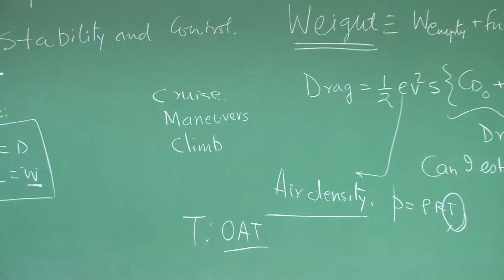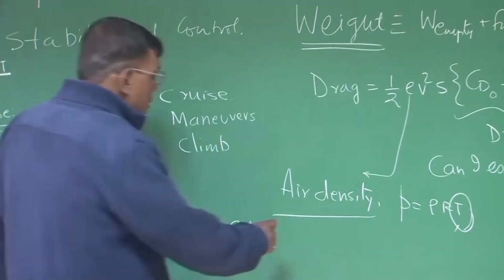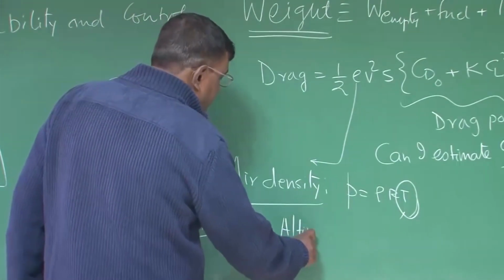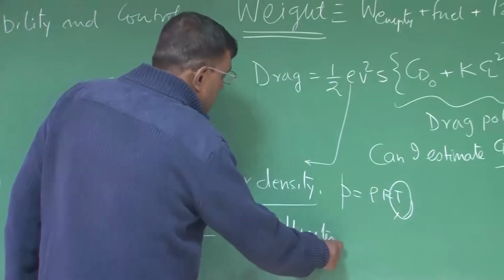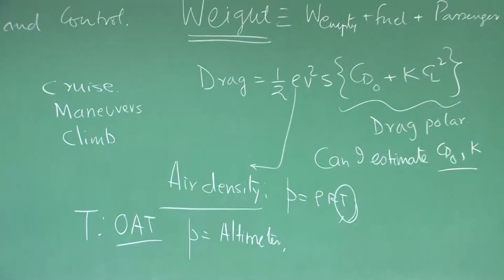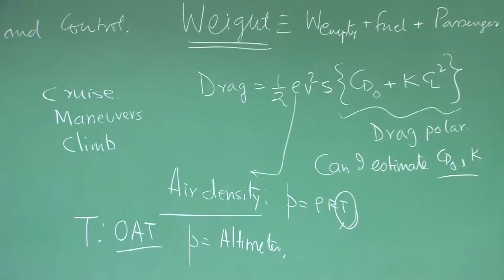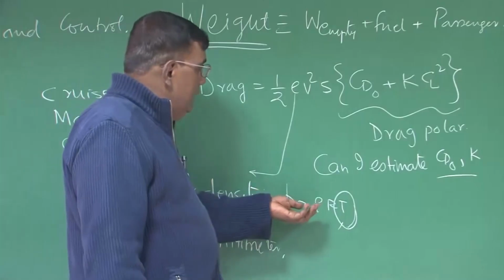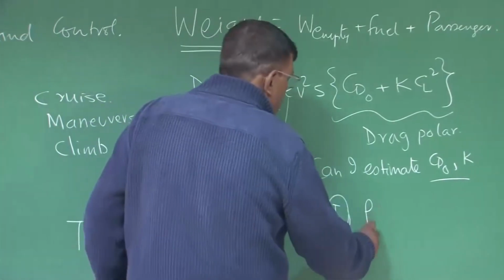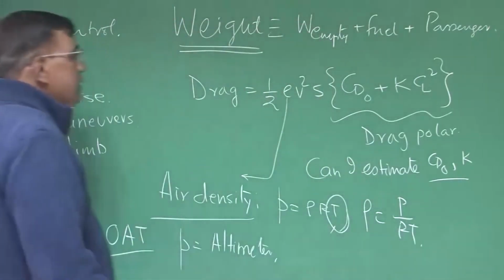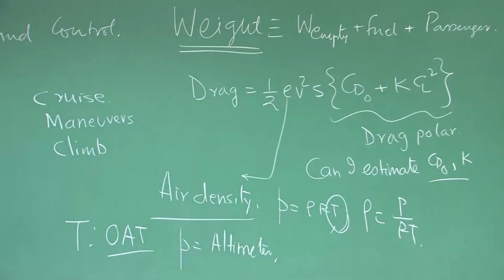And what about pressure? The altimeter is based on the static pressure under the standard atmosphere assumption. So from these two values, I will be able to get the density as rho equals P by R T. I am just briefing this so that you know what measurements are required.